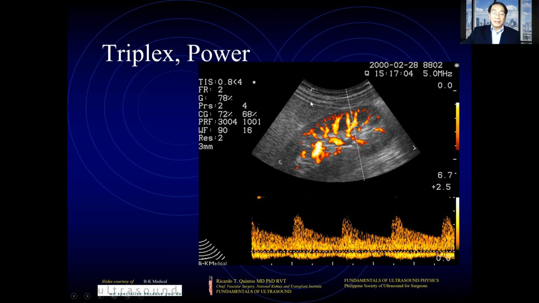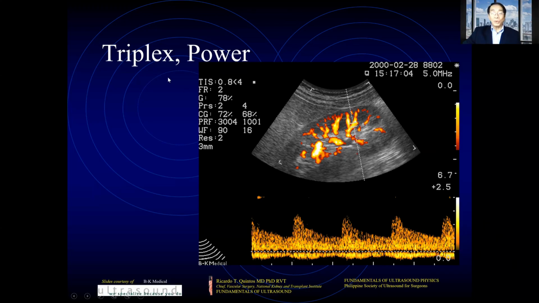Because the B mode is actually just a frozen image. The power mode is also just a frozen image. And the only image that is moving is the spectral Doppler, the Doppler mode. So that is not even a duplex. That is just a single mode display, because only one mode is active.